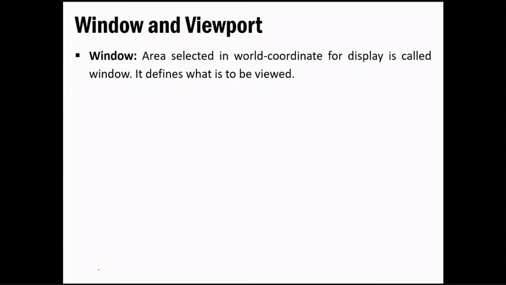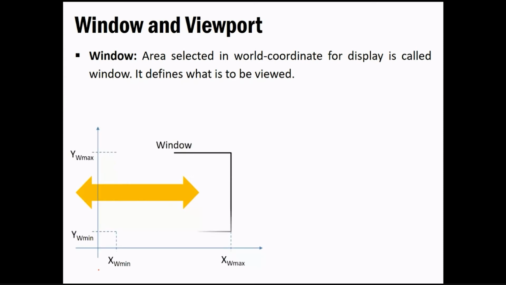Over here, the area selected in world coordinates for display is called the window. So it defines what is to be viewed. This is one simple thing that shows you this. Out of the given scenario, if you want to eliminate a particular thing, the window will only focus on the things that you want to display.